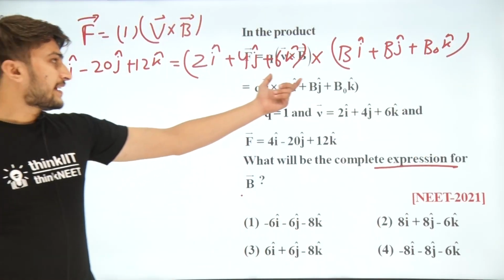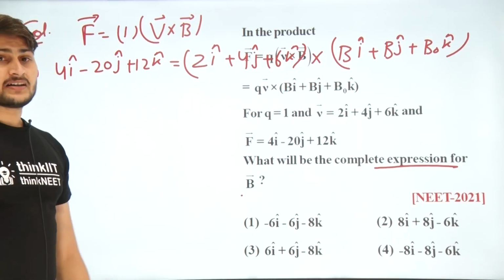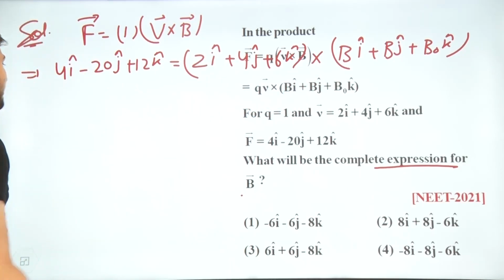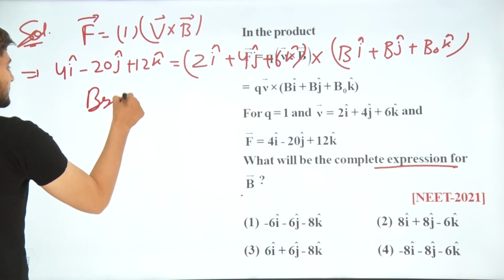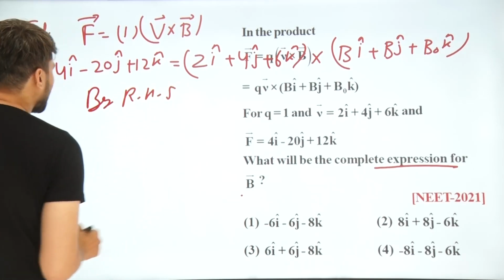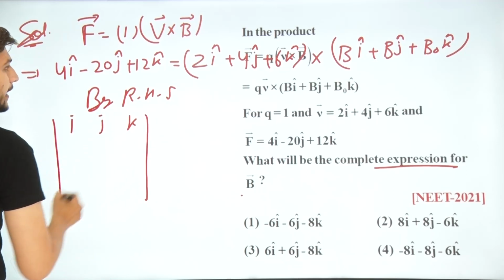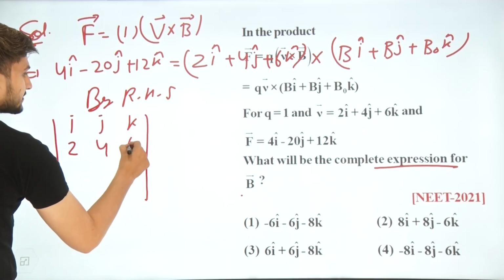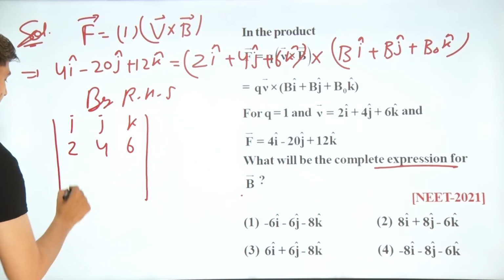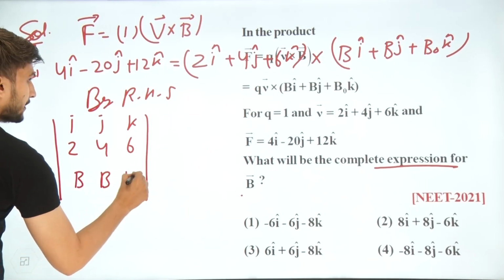Now students, we will solve and compare with the LHS. So we solve the RHS by the determinant method: i cap, j cap, k cap, then 2, 4, 6, and then b, b, b naught.